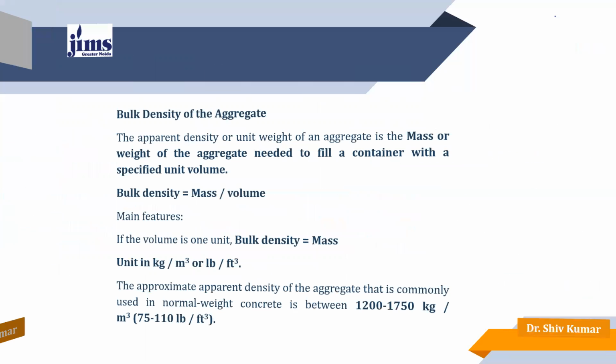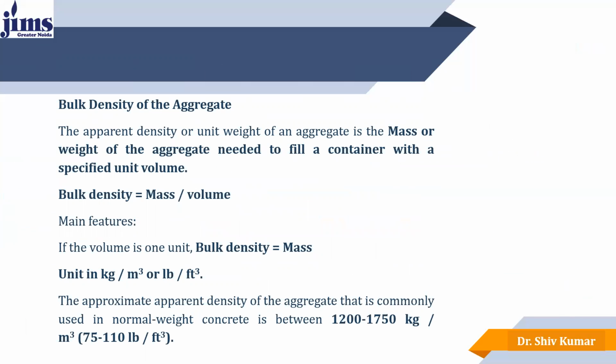The last is bulk density of the aggregate. The bulk density or unit weight of an aggregate is the mass of the aggregate needed to fill a container with a specified unit volume. That is why bulk density is the ratio of mass and volume.